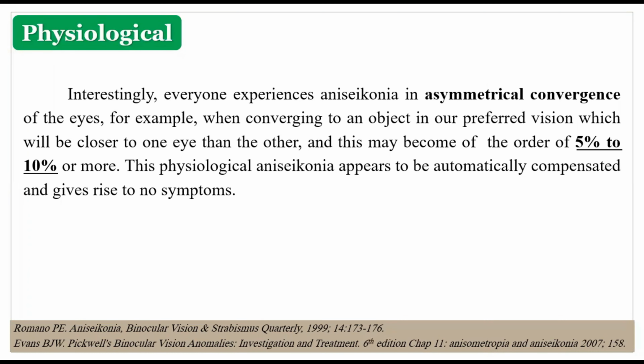As you know, since this object is closer to the right eye, the size of the image on the right fovea is slightly bigger than the size of the image on the left fovea. And this could be up to 5 to 10%, sometimes even 15%. Again, this is compensated in the visual cortex to give stereopsis and gives rise to no symptoms.